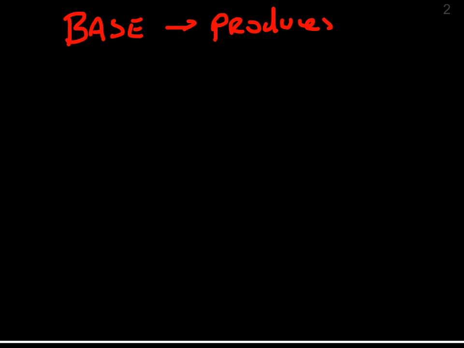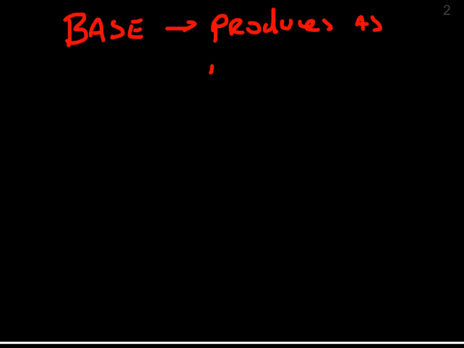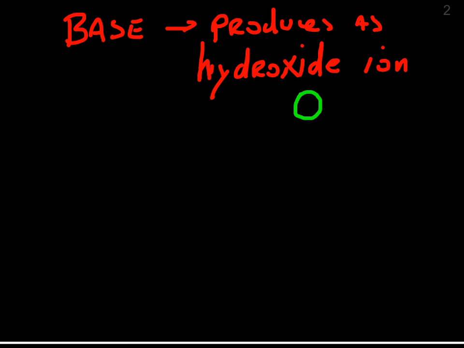So an Arrhenius base simply is something that produces a hydroxide ion in solution. And remembering back, hopefully you remember that a hydroxide ion is an OH minus ion.